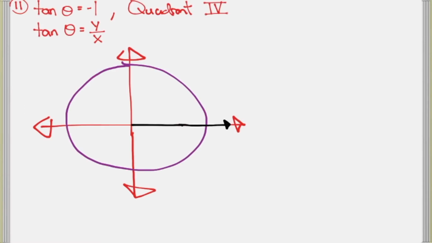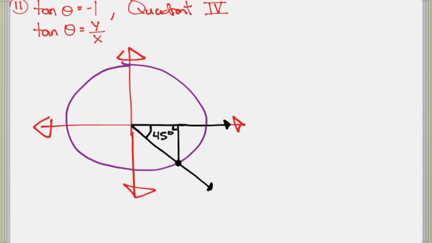We also know the terminal side is in quadrant 4. So it's going to be here where we open it up, and theta here is 45 degrees. Then here's where it intersects the outside of the unit circle, and we create our right triangle. That's the whole visualization of what this problem is asking.